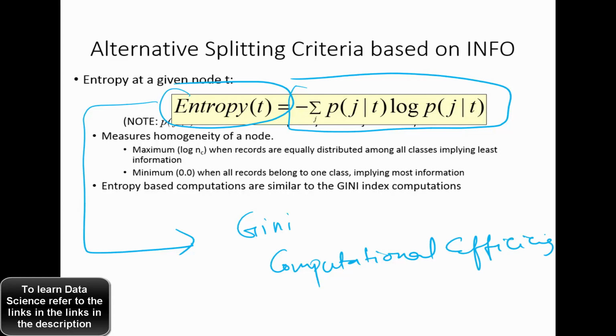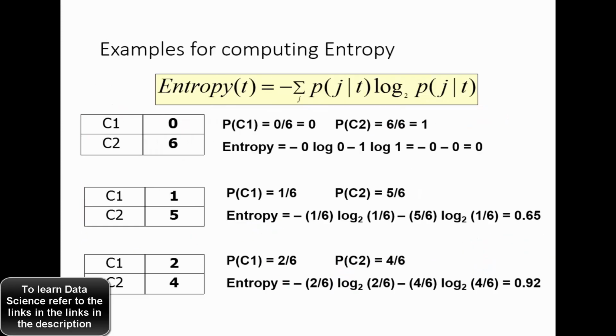So entropy is just another improvisation on Gini, where the computational power has now improved a bit, depending on the case, of course. Entropy is just another way of finding a criterion. The computation is very similar to what we have seen, except the formula has changed now. You can see the formula was different; we were subtracting from 1, but it's now changed. Otherwise, the calculation is pretty much the same.